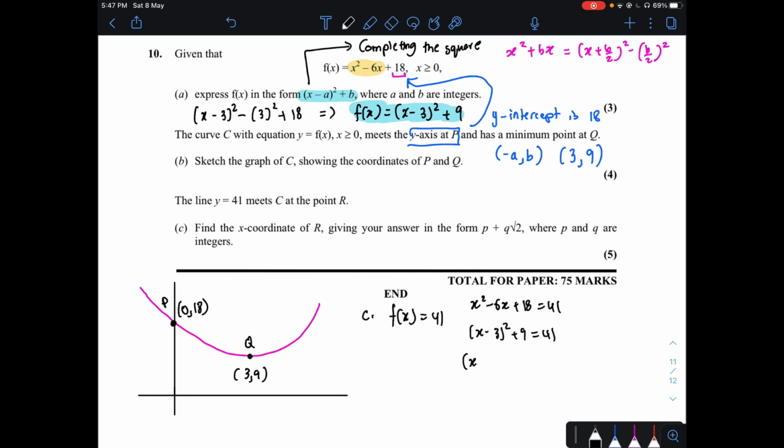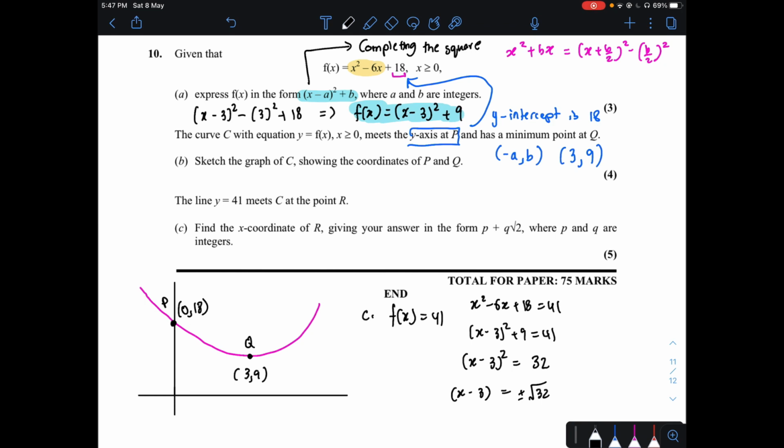So this will become x minus 3 squared equals 41 minus 9, which is 32. Then you square root it, so we get x minus 3 equals plus or minus square root of 32.